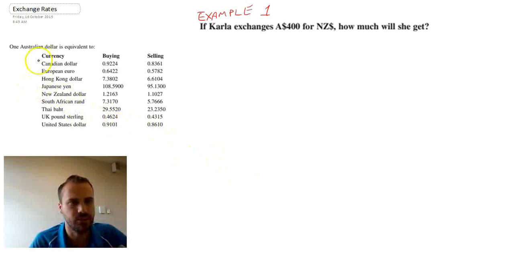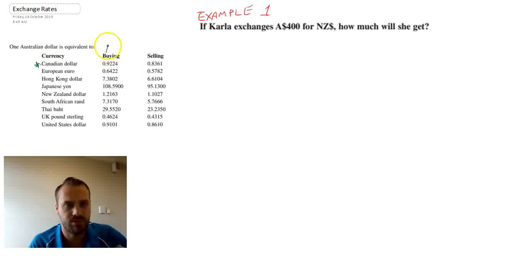Now, if you look at this table, you can see that that reflects that. So Canadian dollars: if they're buying Canadian dollars from you, they're going to pay you 0.9224 Australian dollars, and if they're selling Canadian dollars to you, they're going to sell them at 0.8361 Australian dollars.